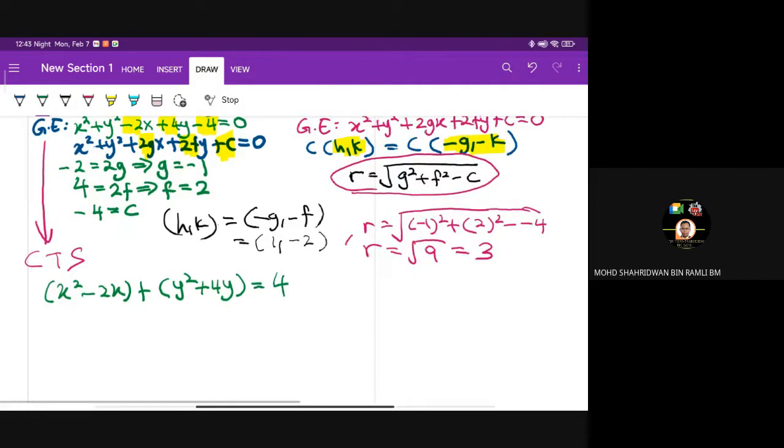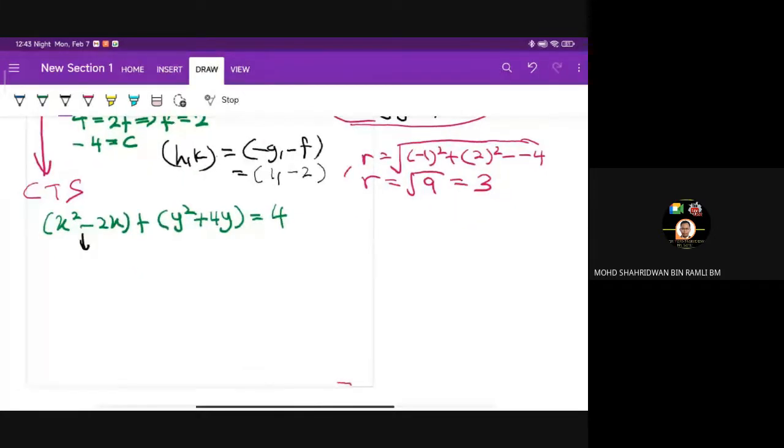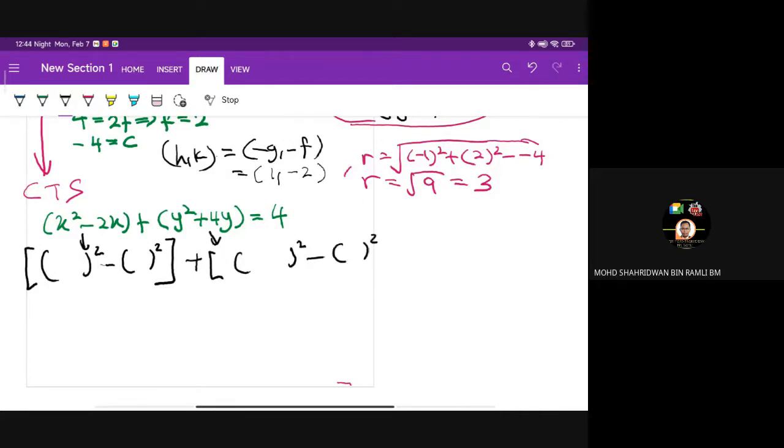Then we complete the square for each term, which is the big bracket squared minus the small bracket squared.